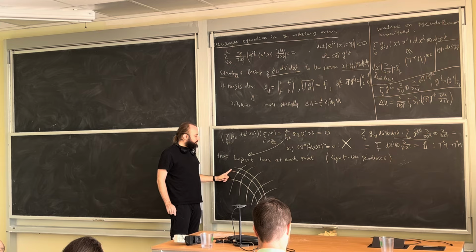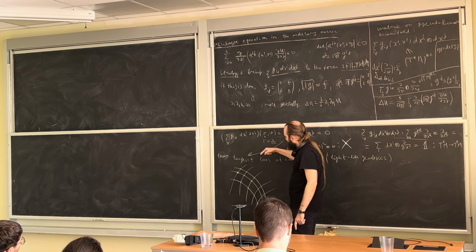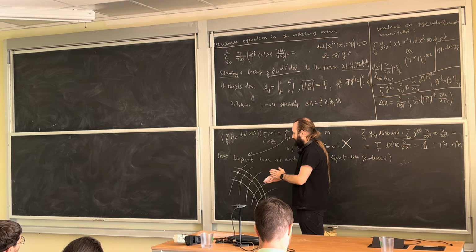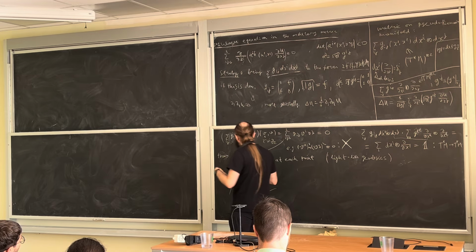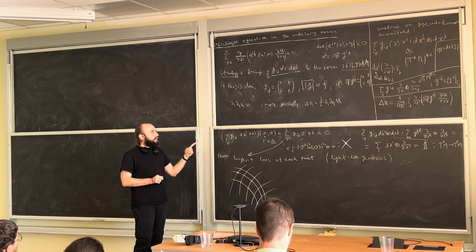So if we now choose two variables that parameterize these families of lines, families of geodesics, as coordinates, then our metric will have precisely that form.